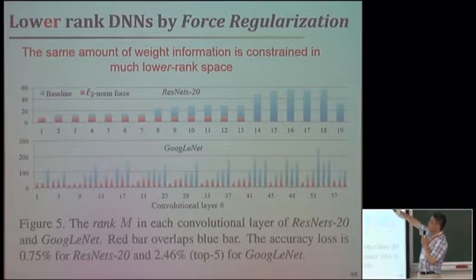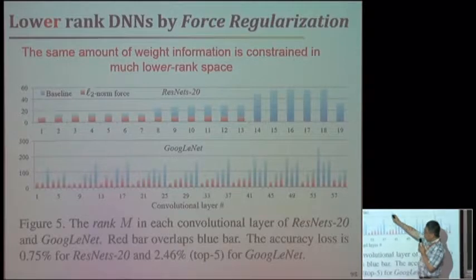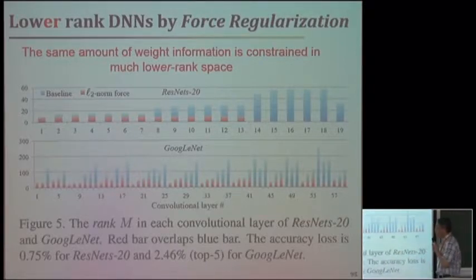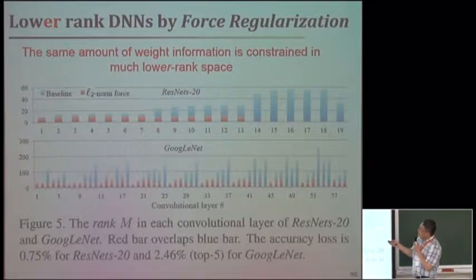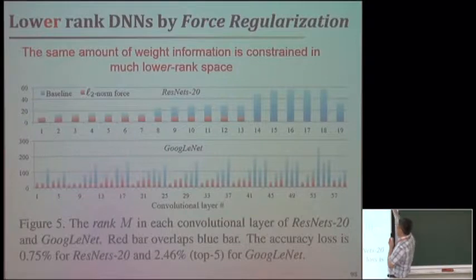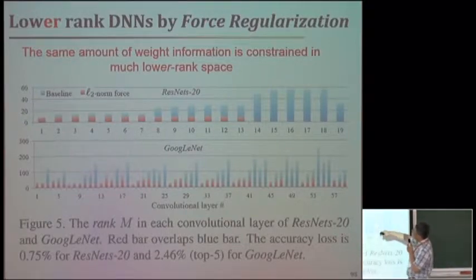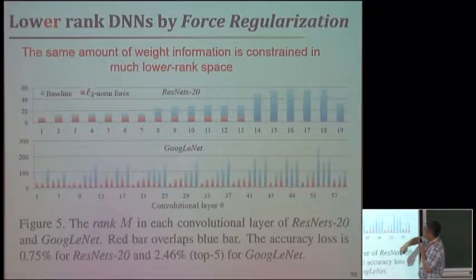So let's look at the result. This is GoogLeNet. The blue one shows the baseline of the parameters per layer, and what you can find is that it actually increases with the number of layers.